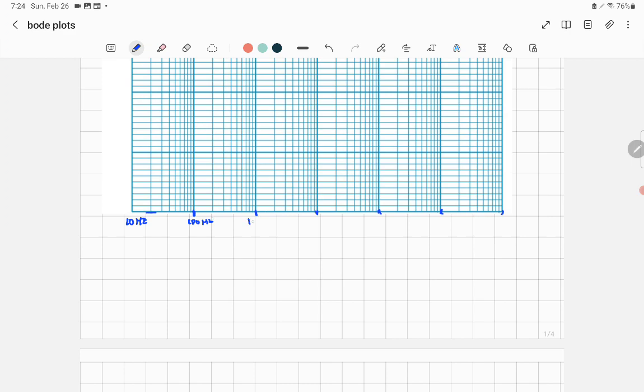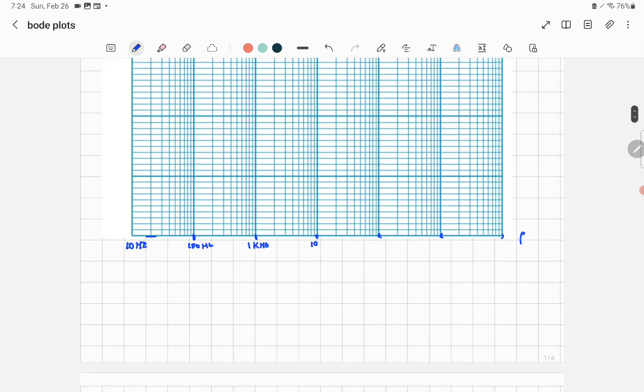Multiply by 10, that will be 1000 hertz, meaning 1 kilohertz. Multiply by 10, that's 10,000, and so on. So you can cover a really wide range of frequency. All right. So this is the x-axis, representing the frequency in logarithmic scale.